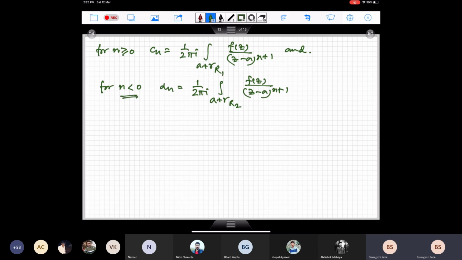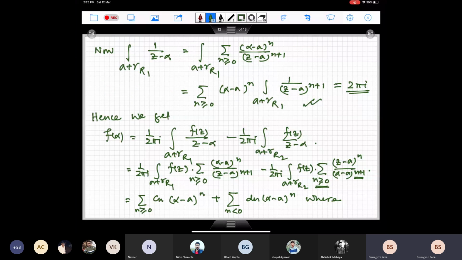So if n is negative, then n plus 1 is strictly less than 1, so minus of that will be bigger than or equal to 1. So exactly what you are getting in the exponent, we are going to have that only.